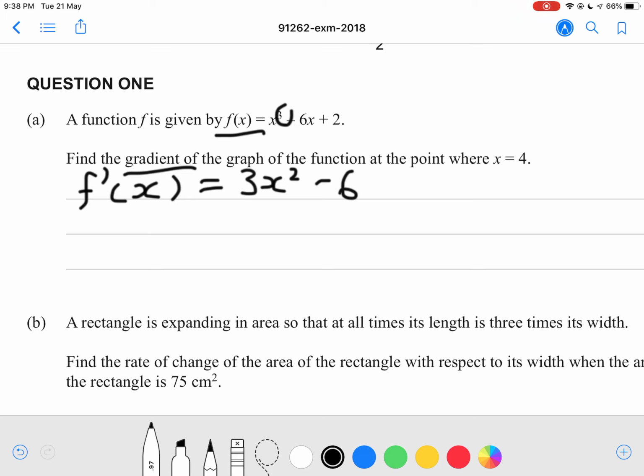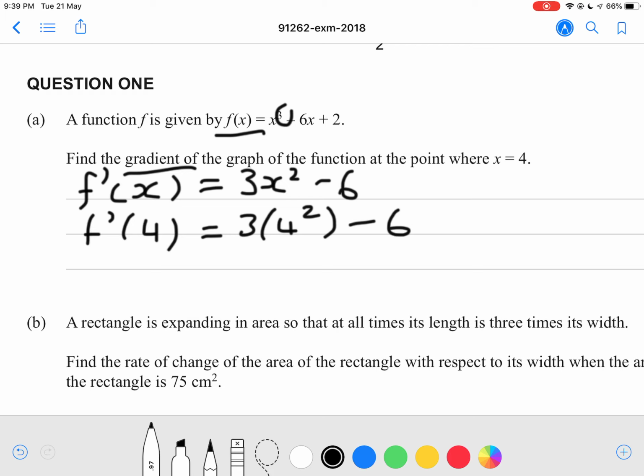Find the gradient of the function at the point where x equals 4. So basically now we just substitute x equals 4. Not the gradient function, the gradient of the graph at x equals 4. So f dash of 4, substituting 4 as x, equals 3 times 4 squared minus 6.